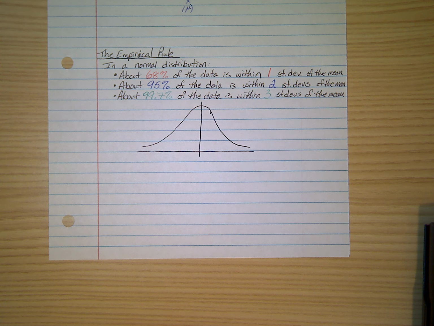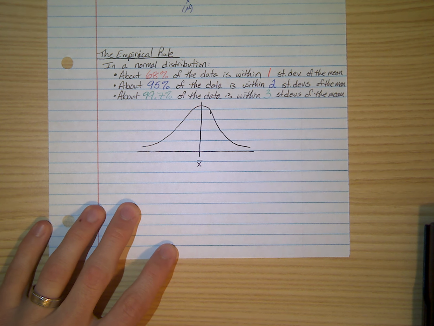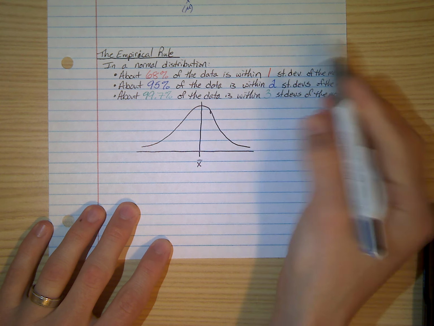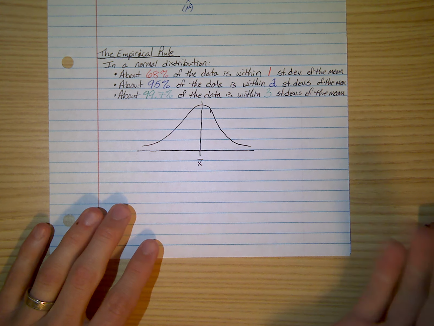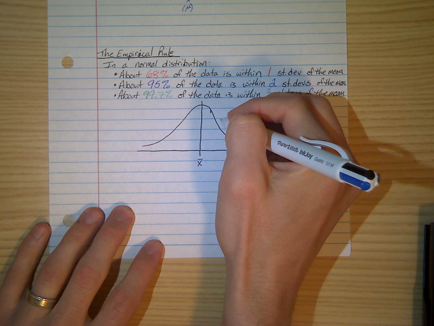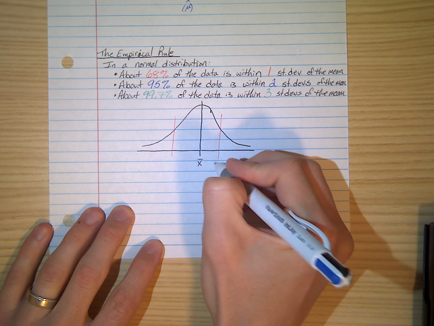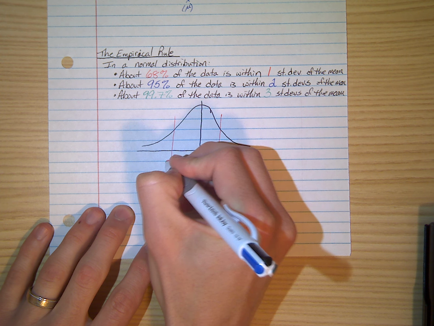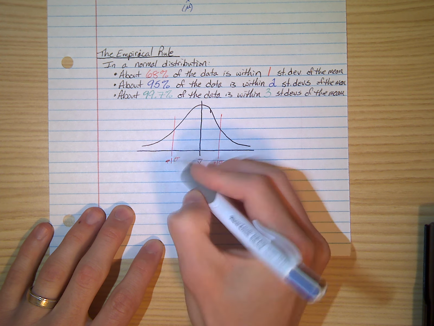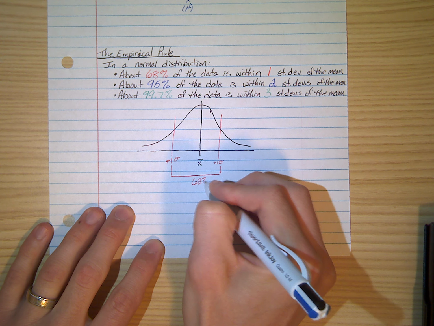So if we draw a little bell curve here, symmetric about the mean, with the mean in the middle, within one standard deviation of the mean, remember, standard deviation tells you about how spread out the data is, within one standard deviation each way, so plus 1 sigma and minus 1 sigma, between these two values here, you've got 68% of your data.